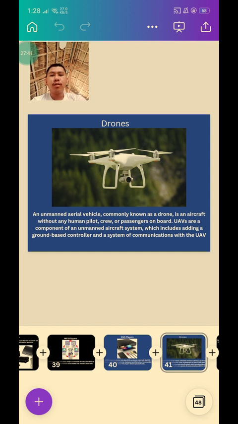Drones. An unmanned aerial vehicle, commonly known as a drone, is an aircraft without any human pilot crew. Yan po ang drones. Yung hindi pwedeng sakyan ng tao, kinokontrol lang po, ganun. No remote or passenger on board.